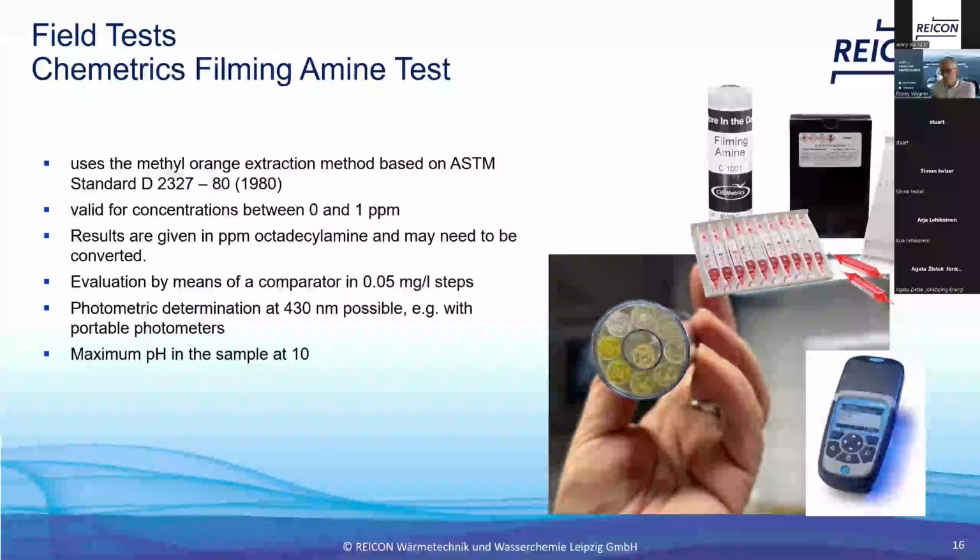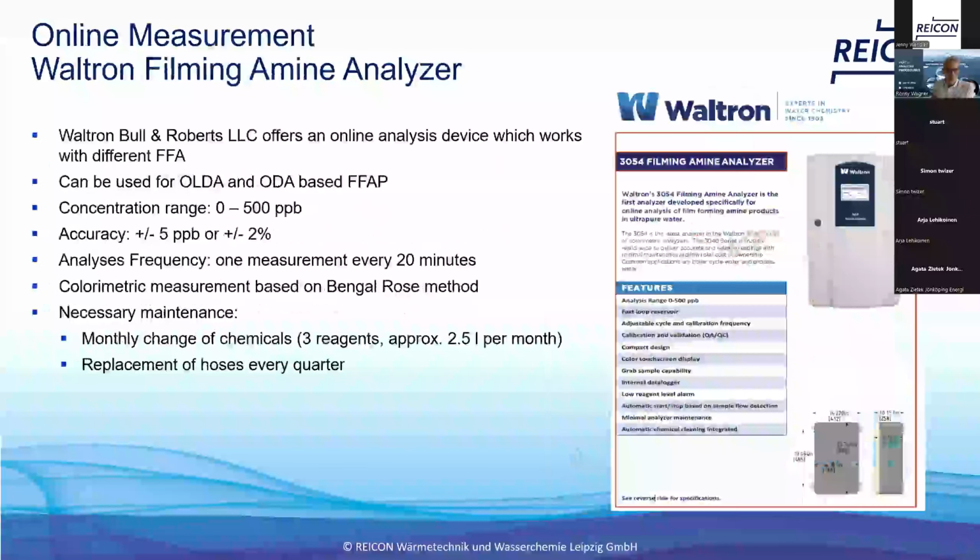Otherwise, the test kit is not working accurately. And especially for power plant applications, there is the online monitoring system, which is provided by Walsh & Bull and Roberts from the US.